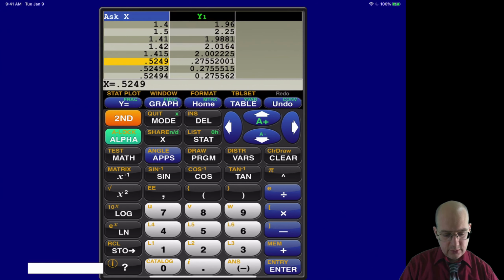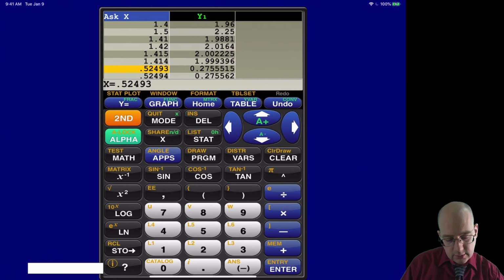Let me go with 1.415. Too high. So what is this? Too low. So it's somewhere between 1.414 and 1.415. Right? And looking at this, it looks like it's closer to 1.414.